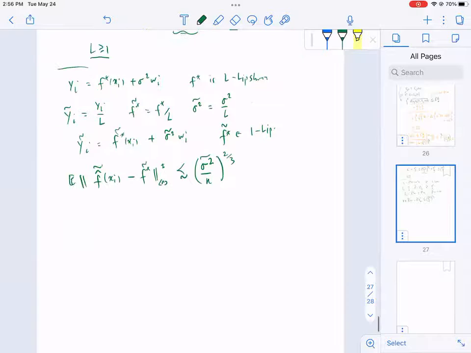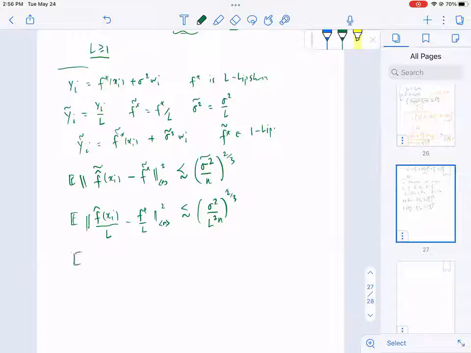Now this would be f hat xi divided by L, where f hat is the original one. This is f star divided by L, if I'm not wrong. So this is sigma squared over L squared n. So what do we get?